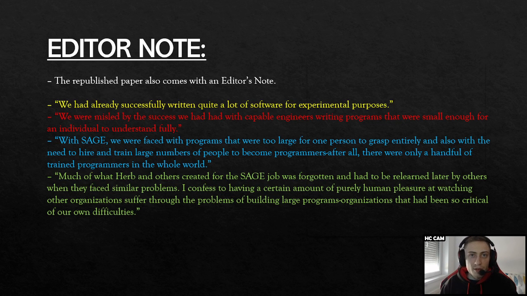In Bennington's republished paper, the editor's notes point out four important points. Number one, they have written a lot of software for experimental purposes. My best guess is that it confirms what Bennington just said, that they created an experimental prototype.